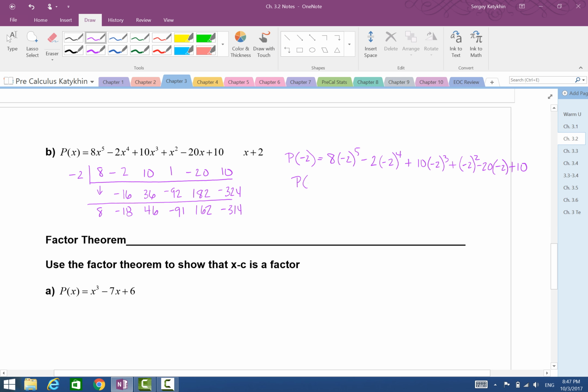And if you do your math correctly and plug everything in and make sure you follow the order of operations, you will get negative 314, just as stated by the theorem. Those two will be equivalent.